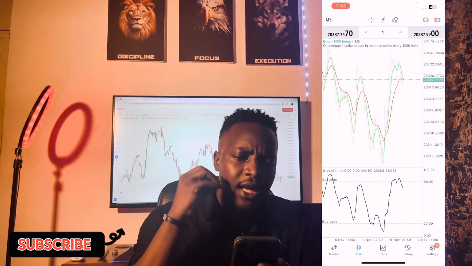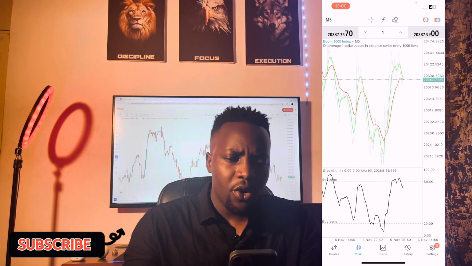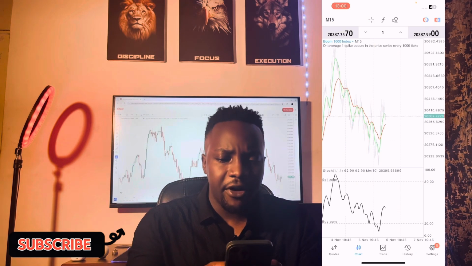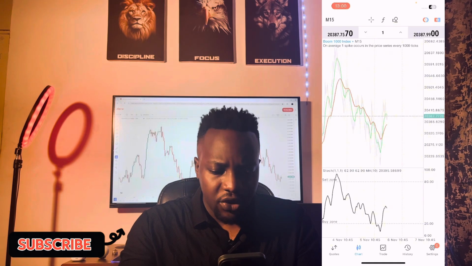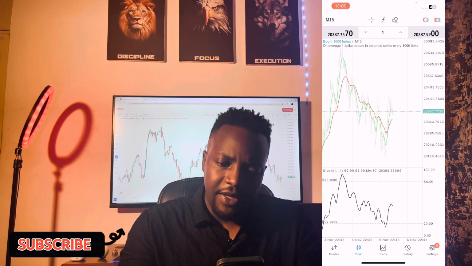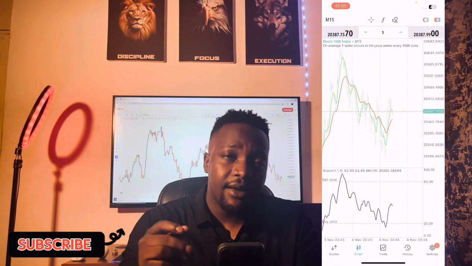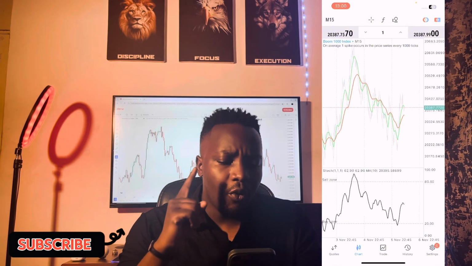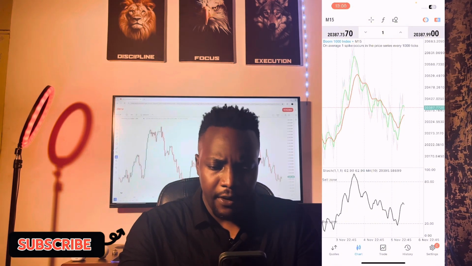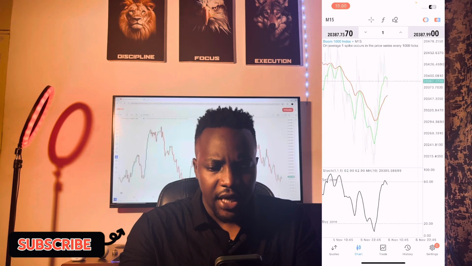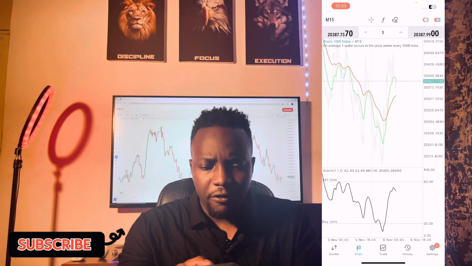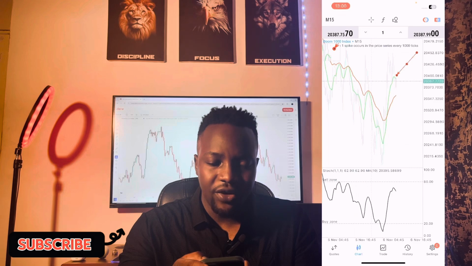So in this particular strategy, we're going to be starting from the 15-minute time frame. Each and every time you want to place your trade, you can go to the 15-minute time frame, and you're just going to be looking for one thing in particular. You want to see the position of your candlesticks in relation to the green line.